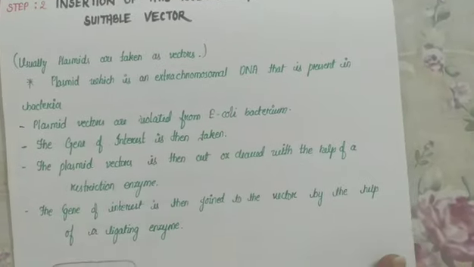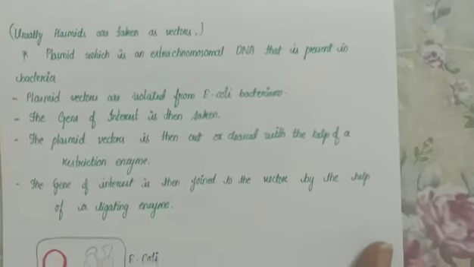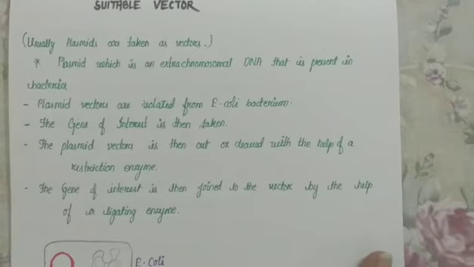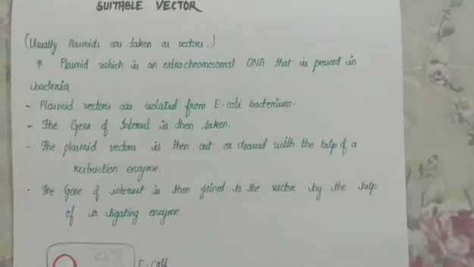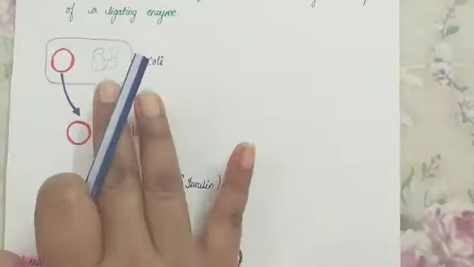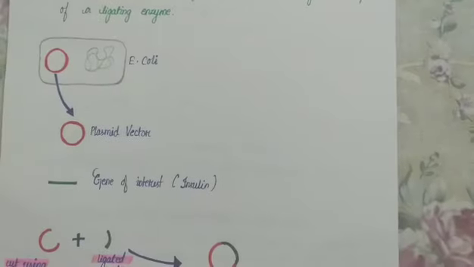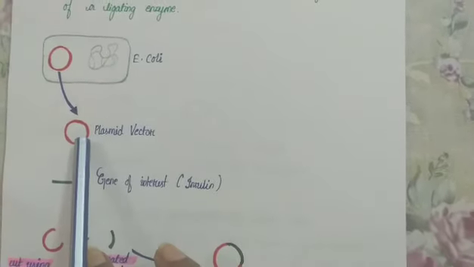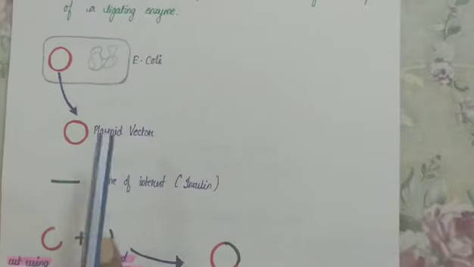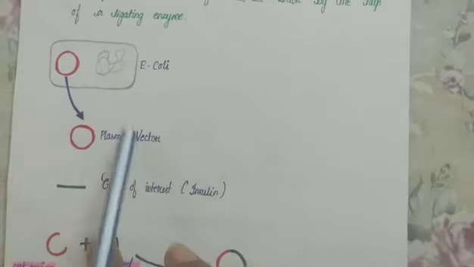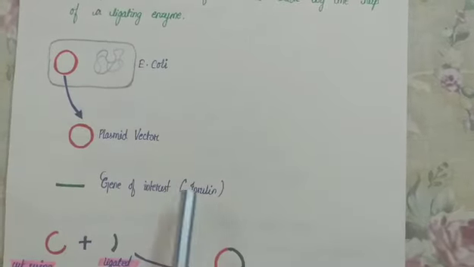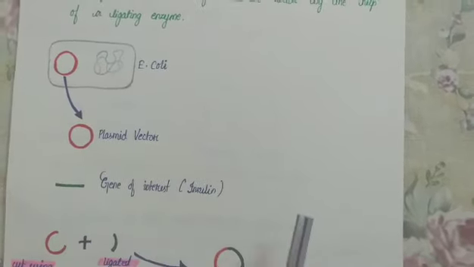So let us now focus on the picture. The picture says that we took E. coli. E. coli is a bacteria. We took E. coli and extracted its DNA, which is a plasmid vector, and we also took the gene of interest, which, as I discussed, is an insulin gene.